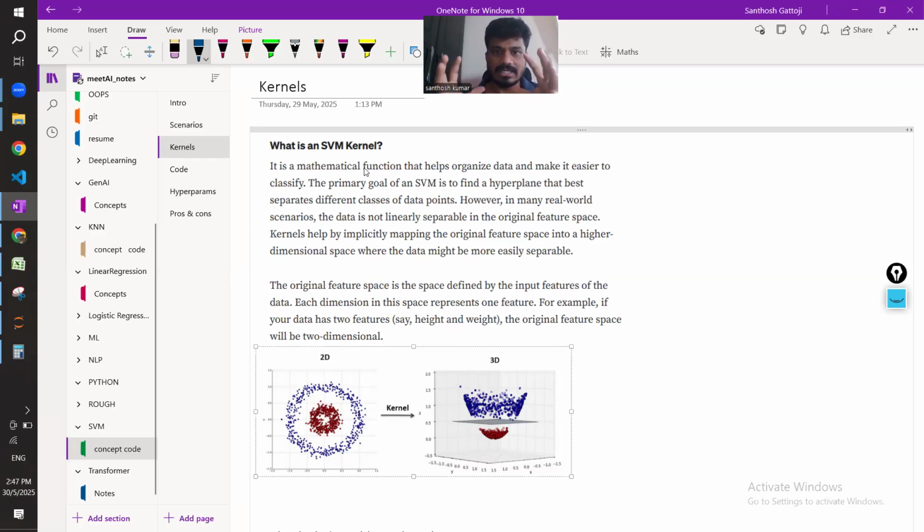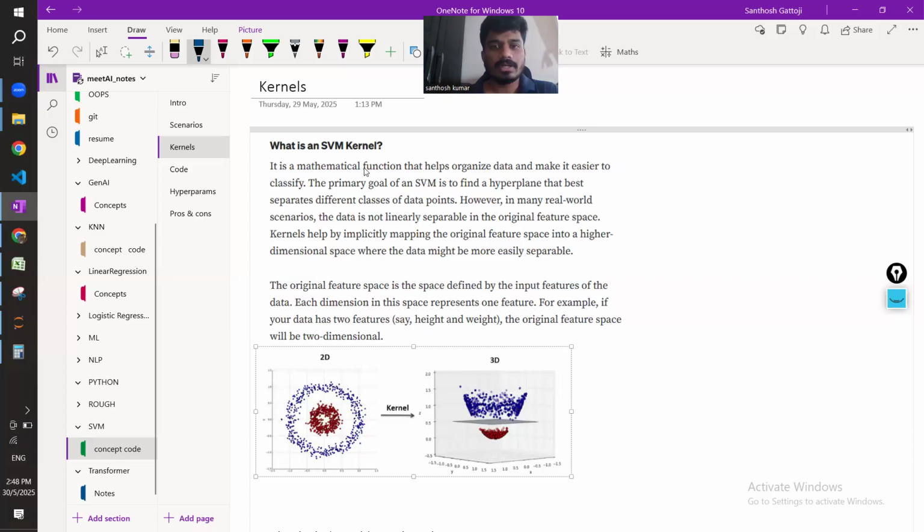Only if it is linearly separable can it have four or five dimensions. Here each feature is considered one dimension, so if you have five features, that is five dimensional data, and even then it should be linearly separable. Only then can we use logistic regression.